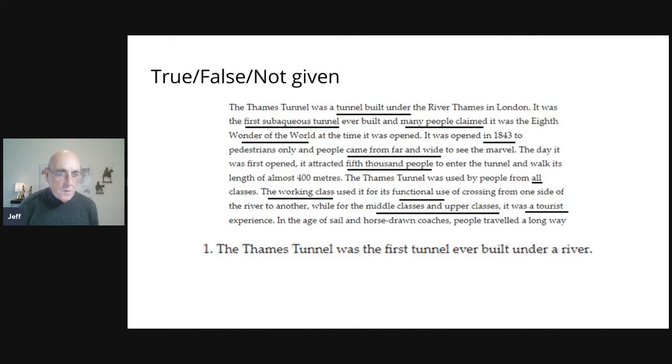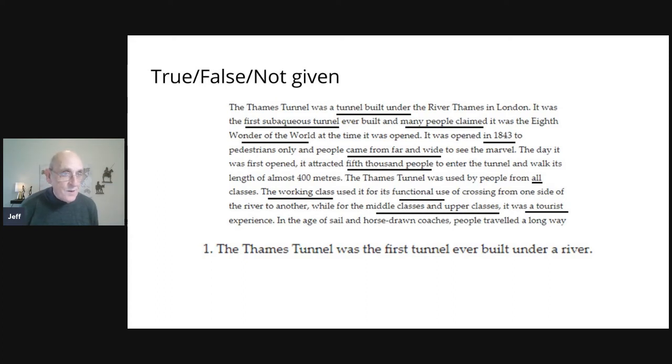Okay, it's in the first two lines of the passage. The Thames Tunnel was the first tunnel ever built under a river. So in the first line, we can see the Thames Tunnel was built under a river. So that part of the statement, we can confirm. And in the second line, we see it was the first subaqueous tunnel. Now again, subaqueous isn't going to help us. That adjective is what helps us the most. It's the first tunnel. So if we put those two things that we underlined together, it says the first tunnel built under a river.